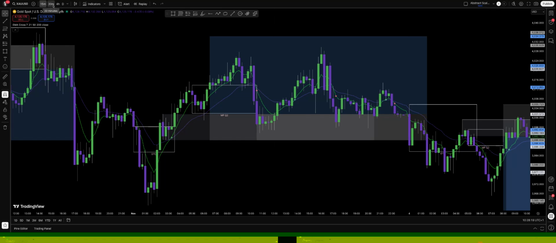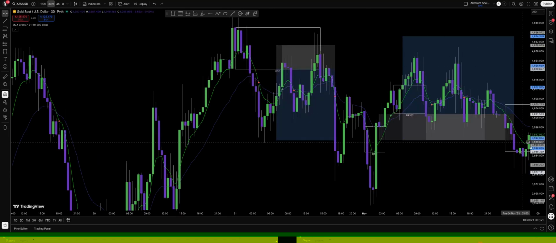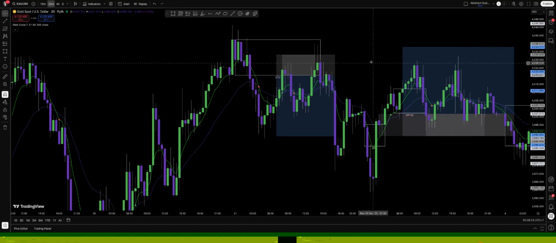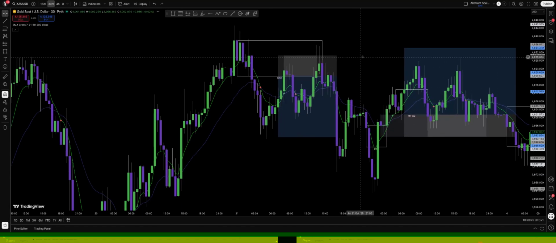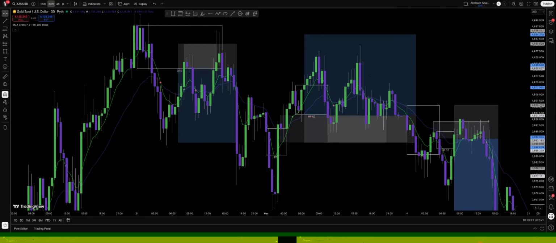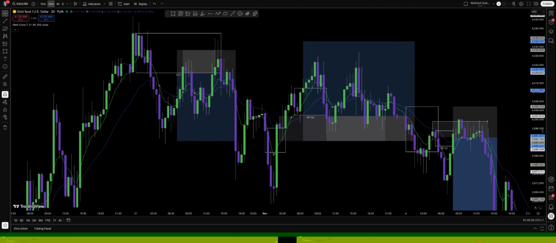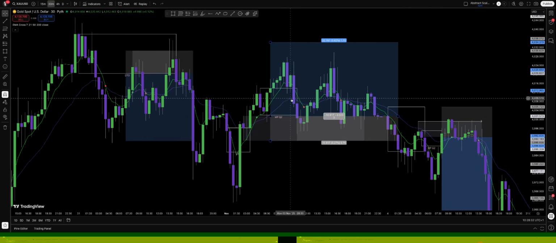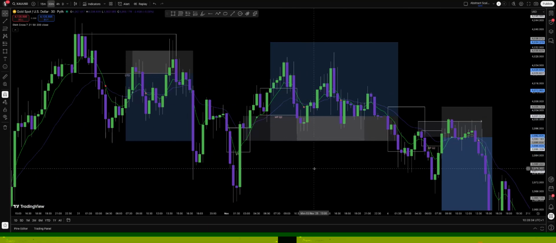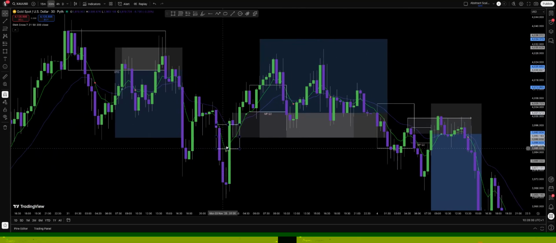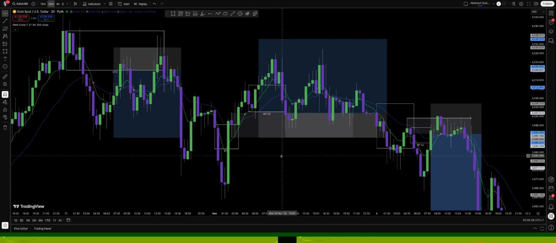So the 30-minute chart is like my go-to chart, and then to perfect it more, I go to the 15-minute chart, but usually we start from the 30-minute chart. I drew the two boxes, and then what we do in this strategy is look for a significant order block in the Asia session.